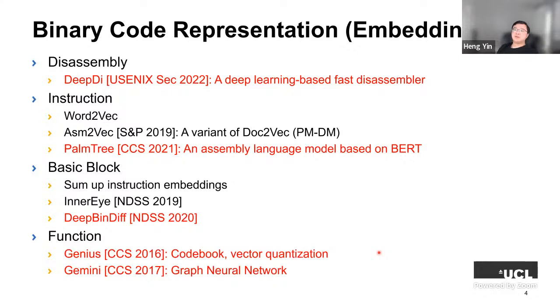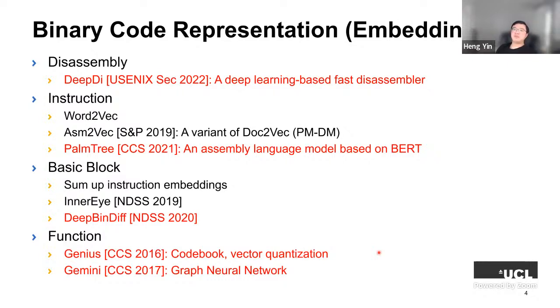I also showed you some basic schemes. For instance, some people have simply summed up the instruction embeddings of the basic block to produce the basic block embedding. And there's a work from NDSS 2019 called InnerEye that uses a transformer to directly learn a basic block embedding from the instruction tokens.